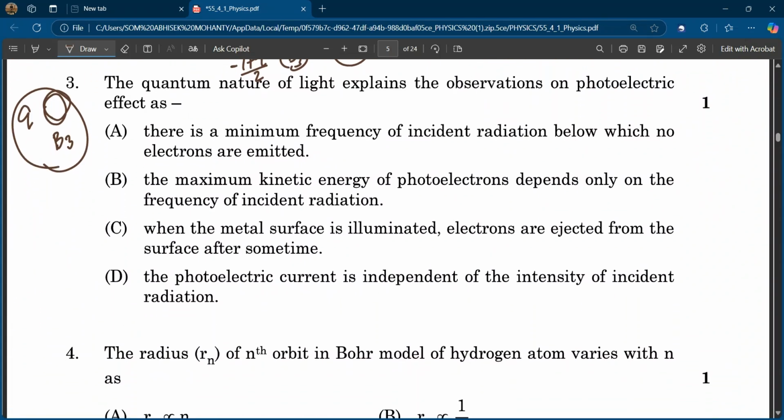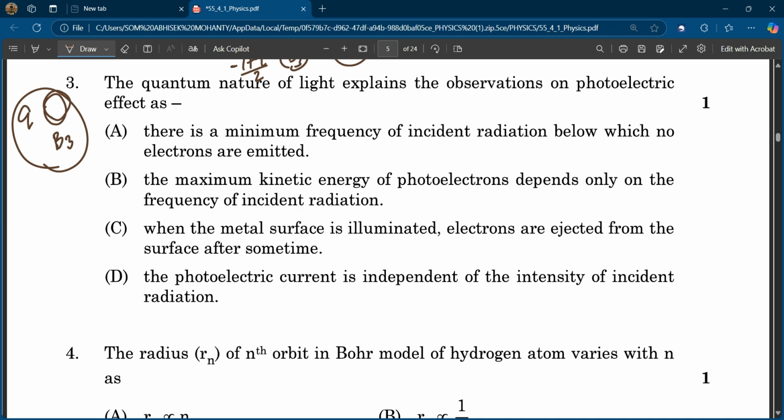Next question: the quantum nature of light explains the observations on the photoelectric effect as, first, there is a minimum frequency of incident radiation below which no electrons are emitted. Yes, that's correct. Second, maximum kinetic energy depends only on the frequency of incident radiation.